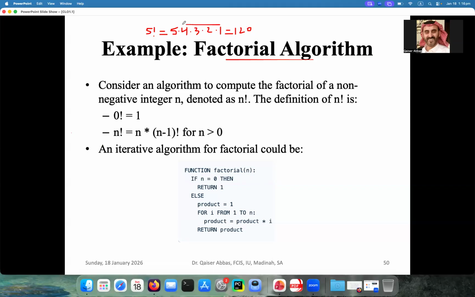Either you can start from 1 and go up to n, or you can start from n and come back down to 1, not 0, because it is multiplying, and 0 will make the whole thing 0.